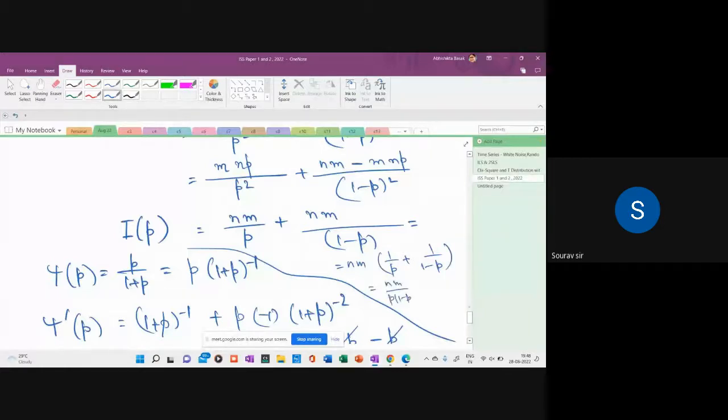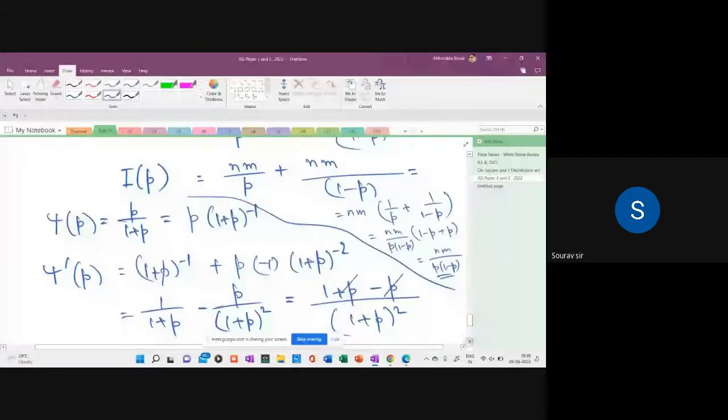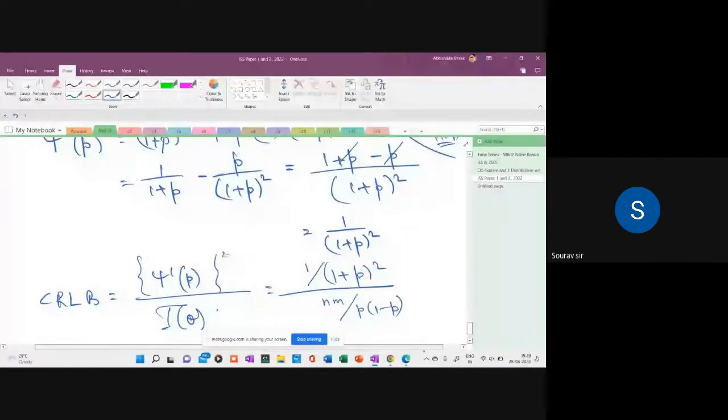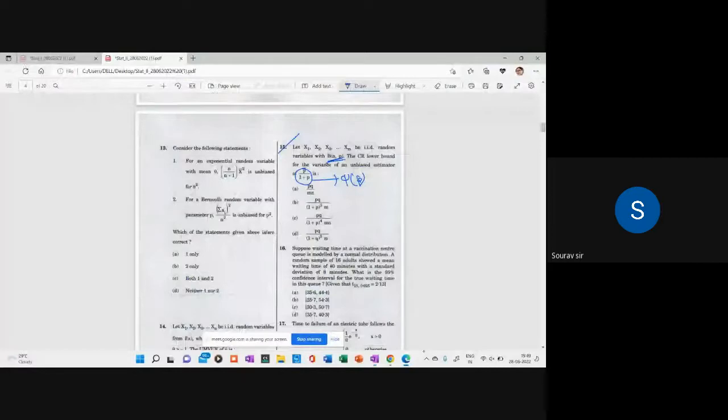So 1 minus p plus p is going to give me nm by p into 1 minus p. So hence we can figure out the value from over here. So let's check this out.